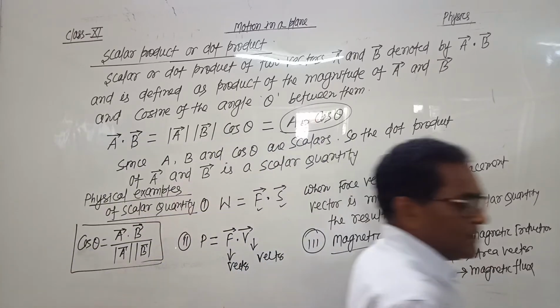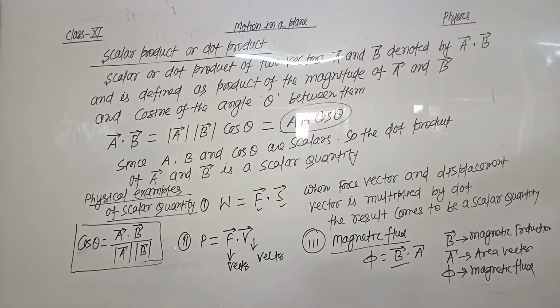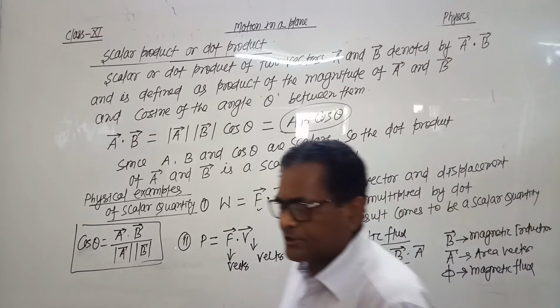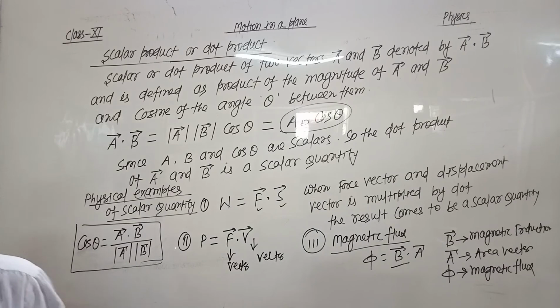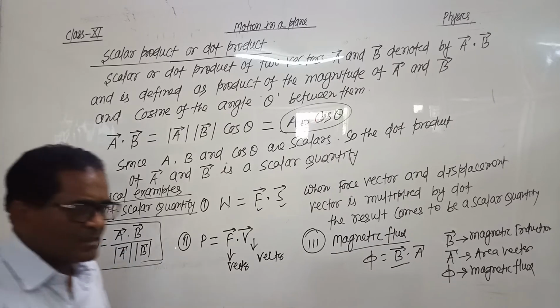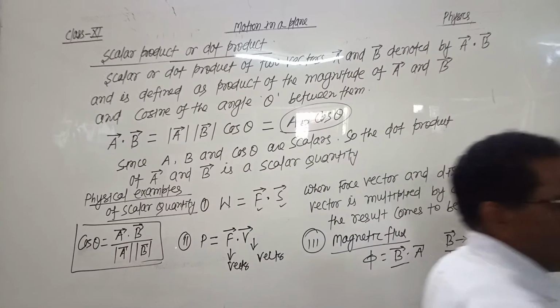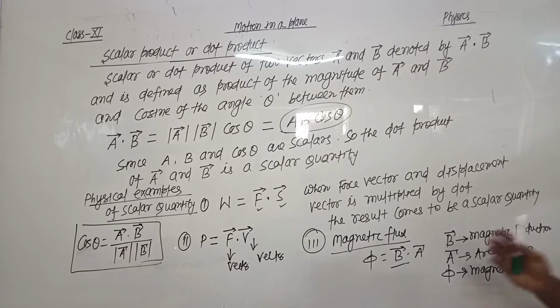So we have studied that there are two ways of multiplication of vectors. In the first way, when two vectors are multiplied by dot, the result comes to be a scalar quantity. And in the second way, when two vectors are multiplied by cross, the result comes to be a vector quantity.